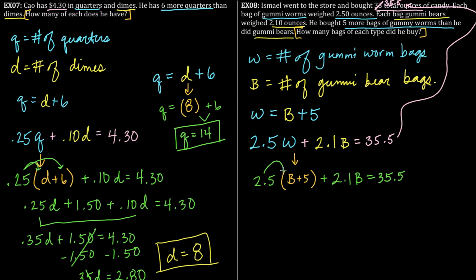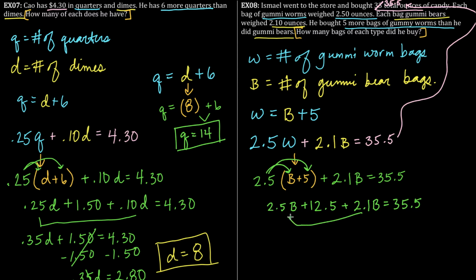All right, so 2.5 B and 2.5 times 5. So 2.5 times 2 is 5, 10, 12.5. Plus 2.1 B should give me 35.5.